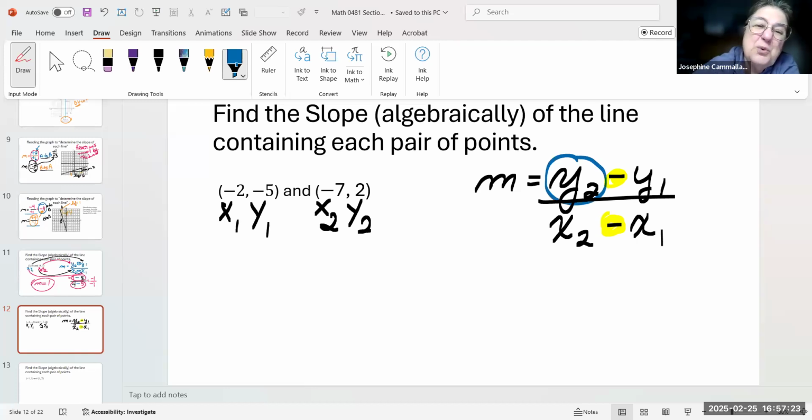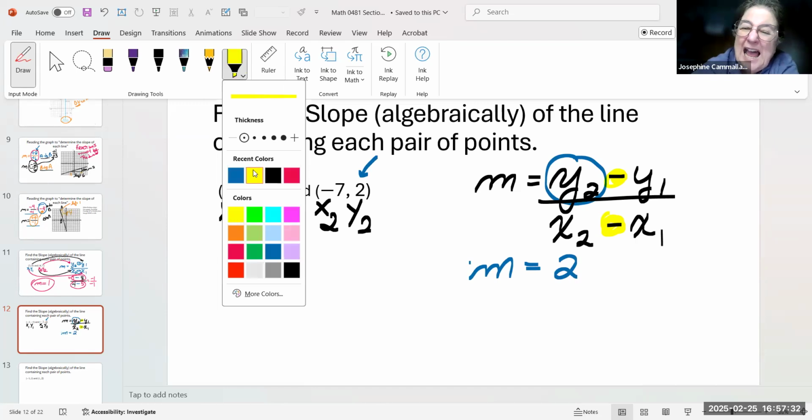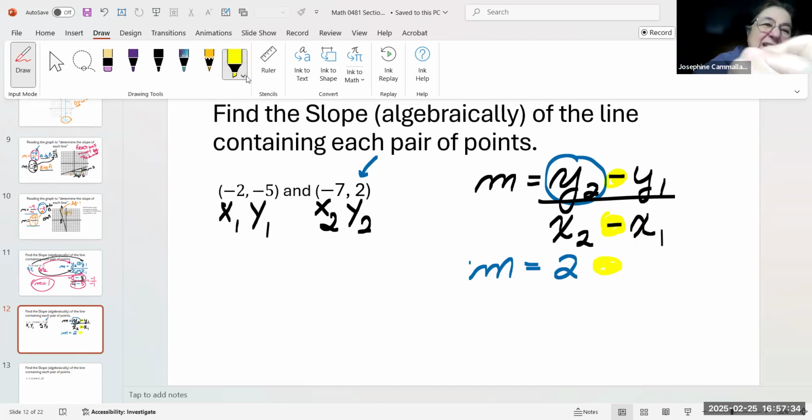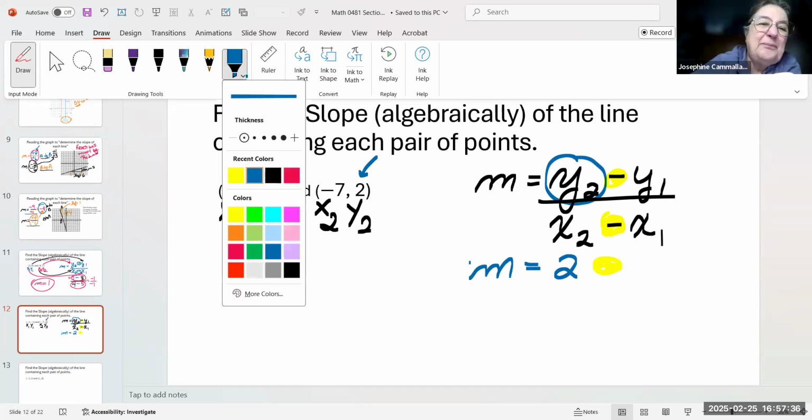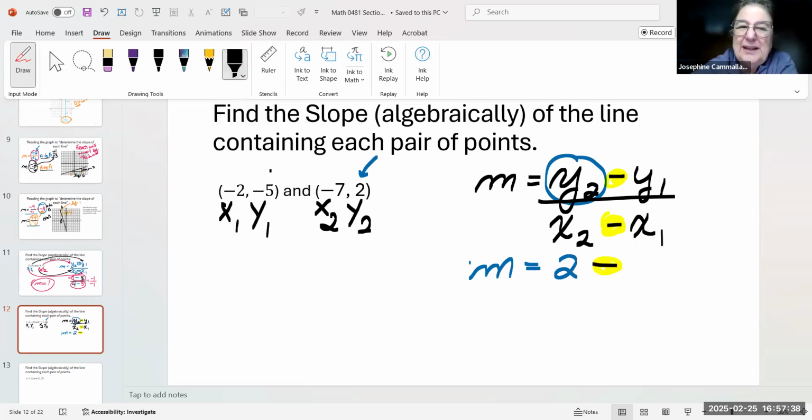which means right here, this y2 is this value. So this is 2. But remember, I have my negative value here. But look at my y1 value.